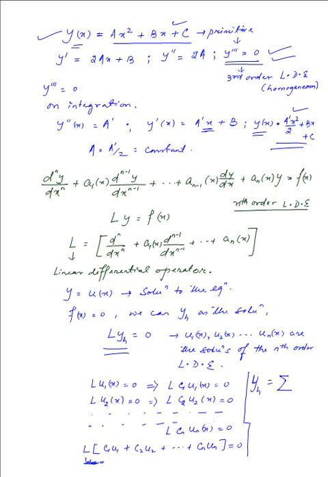Let me just take it as ck uk, and the uk's are always functions of x as you know them, with k here going right up from 1 to n. So this is the general solution for this nth order differential equation in the homogeneous form.